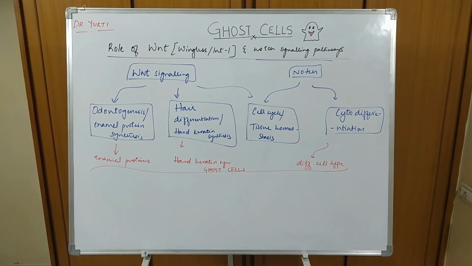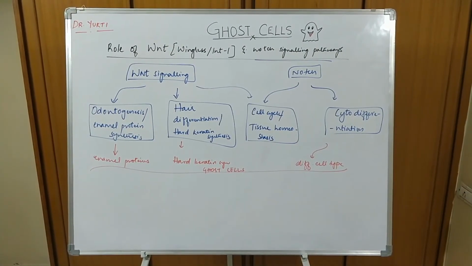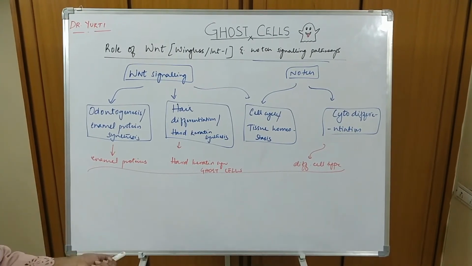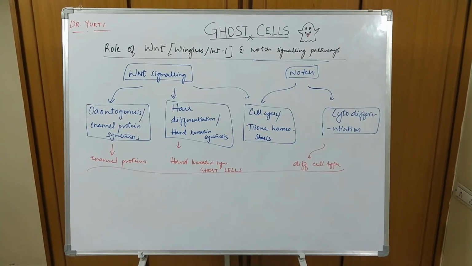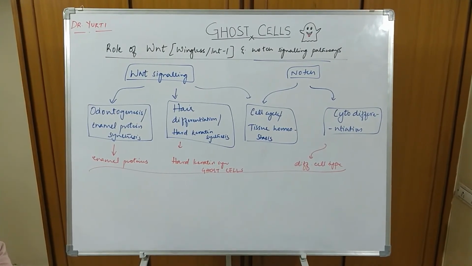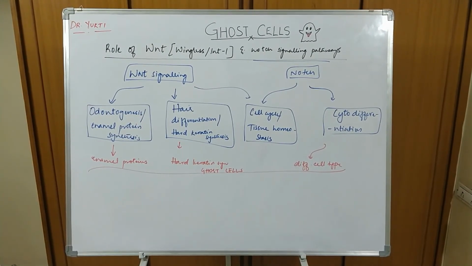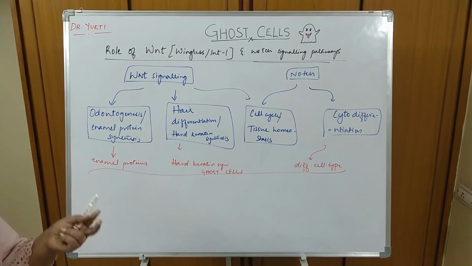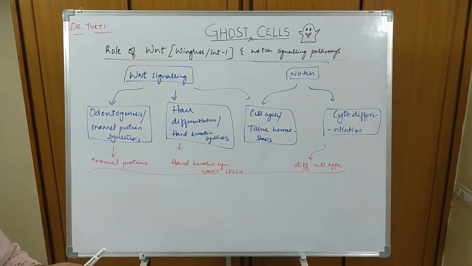Moving on to the prognosis of ghost cells. That means, what if we see ghost cells in the histopathology of a particular tumor? Should we be worried? Should we advise the surgeon something? Well, basically, ghost cells do not show any difference in age, sex or site of predilection.